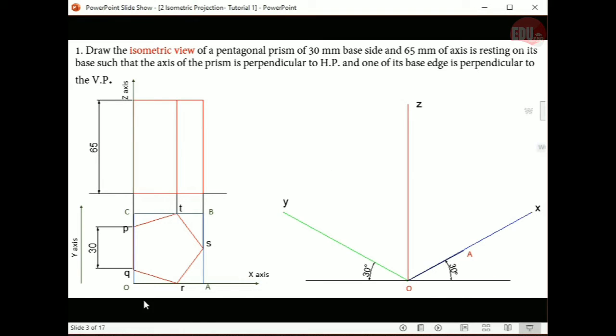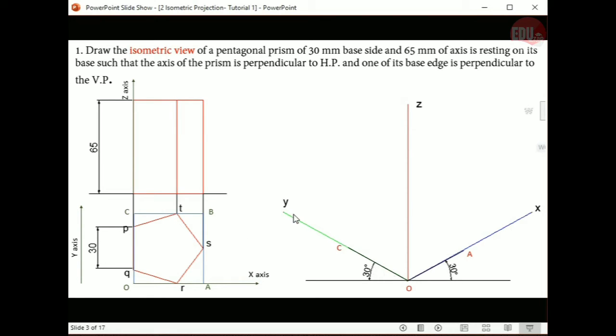Then the edge OA is in the x-axis, so you have to take this distance in a divider, preferably a divider rather than a compass. You need to take the OA distance, that is in the x-axis here, and the OC distance, that is in the y-axis, isn't it?